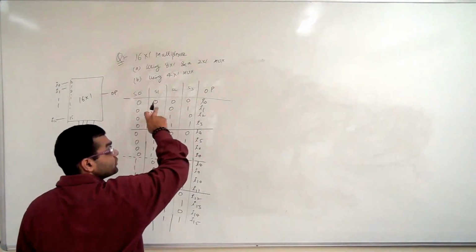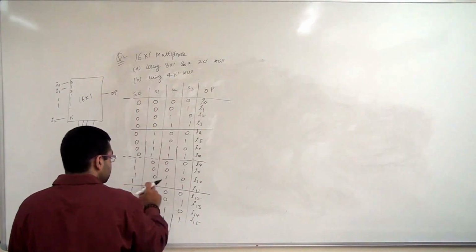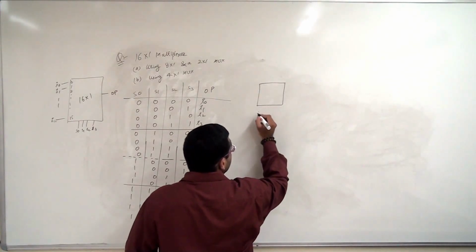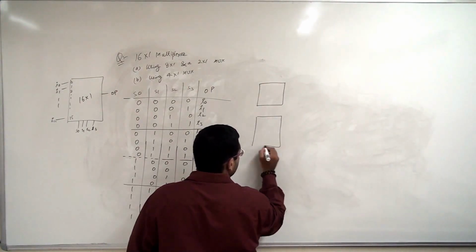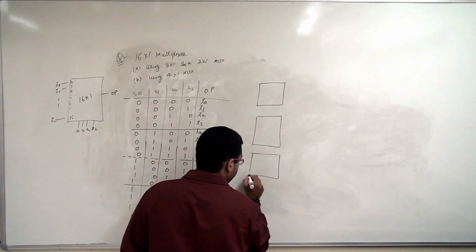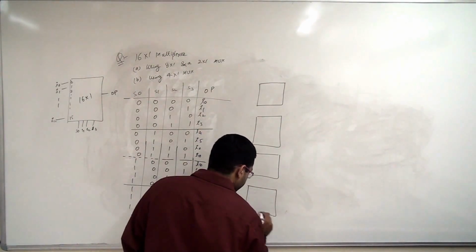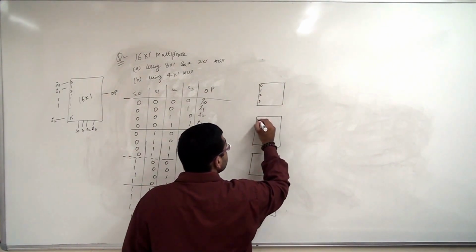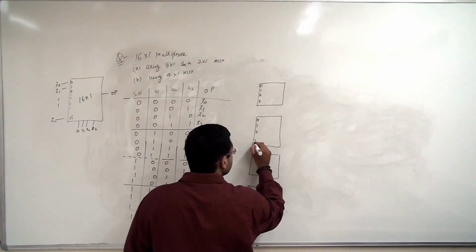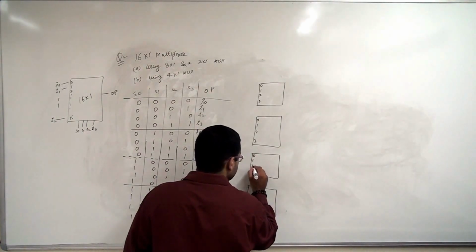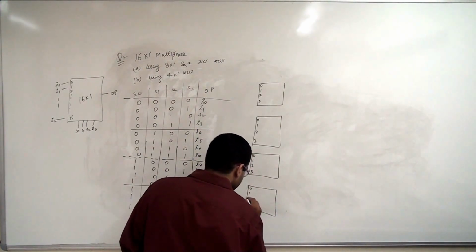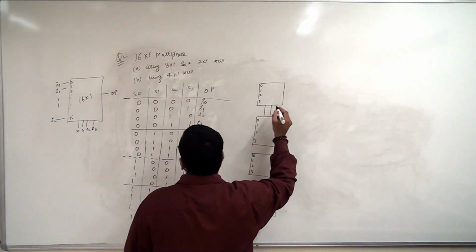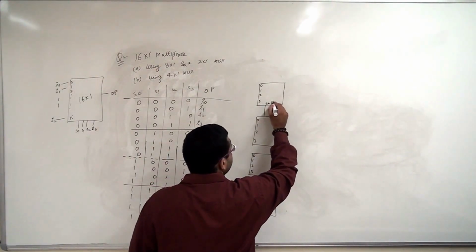These are both 0, 0. Here it is 0, 1, 1, 0 and 1, 1. So our first 4 cross 1, we will put in the input 4 cross 1 multiplexers with the common select lines, that is S2 and S3.